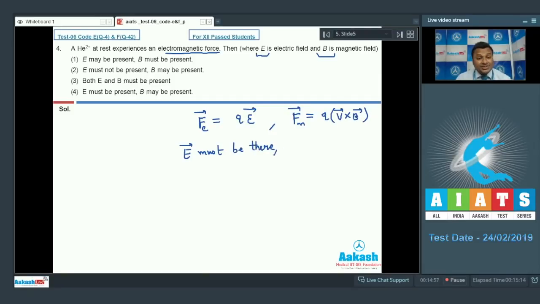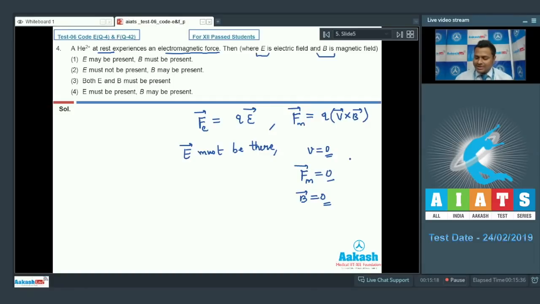On the other hand, since the charge is at rest initially, we can say that the magnetic force Fm will be 0, because the particle was at rest, and therefore B may be 0.